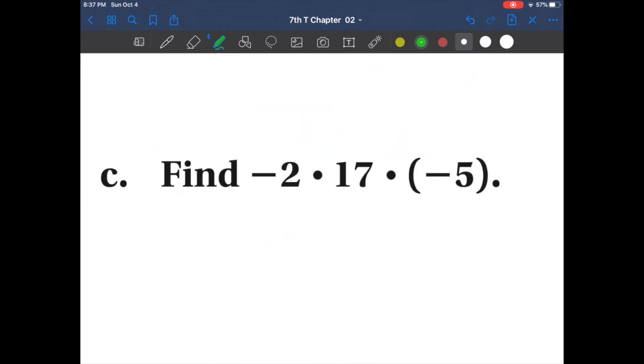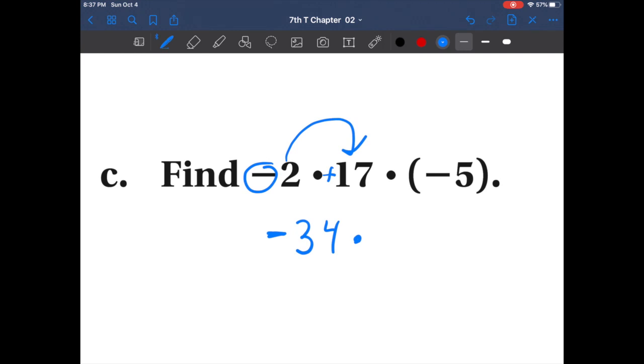Here's example letter C. Let's copy it down. Let's follow the rules. Okay, let's see. We have a -2 times a 17. Well, 2 times 17 would give us 34, right? And that's a negative and a positive, so that's a -34. And now we have -34 times a -5. Well, we know a negative times a negative is a positive, all right?